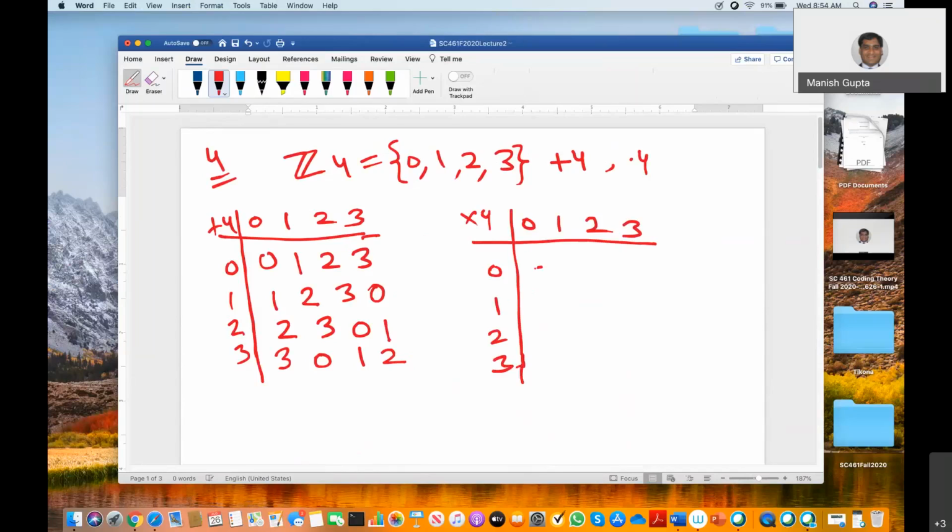So 0 plus 0 is 0. 0 plus 1 is 1. 0 plus 2 is 2. 0 plus 3 is 3. 1 plus 0 is 1. 1 plus 1 is 2. 1 plus 2 is 3. 1 plus 3 is 0. Sorry, I'm really sorry. I am trying to add. I should multiply. I'm sorry. I think I need to go back.